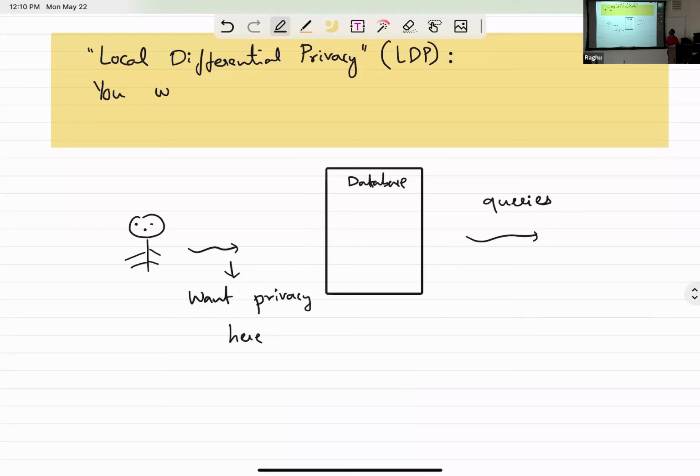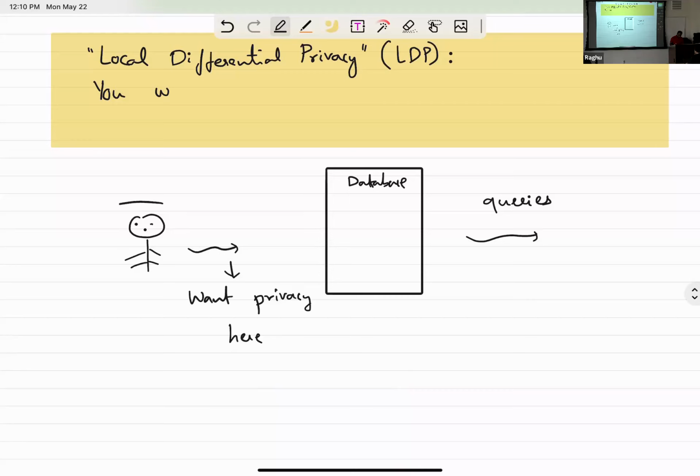Okay, so we want privacy for each user, even with how they interact with the database. So even the central party should not know very well what's happening. Okay.